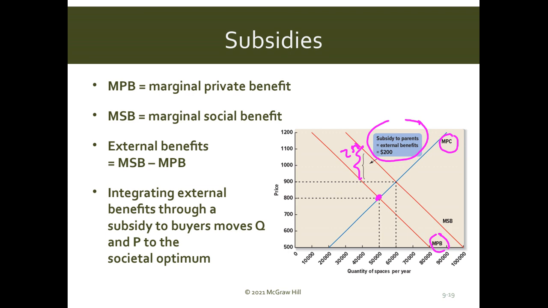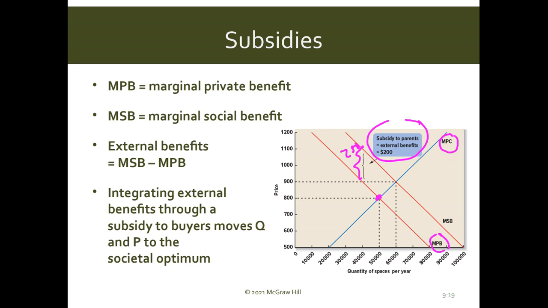Why did I shift this curve? Not shifted, basically. I've drawn a marginal social benefit curve that is higher than the marginal private benefit, exactly equal to 200. Why 200? Because we think that the external benefit is worth $200, suppose. Now see what would happen.